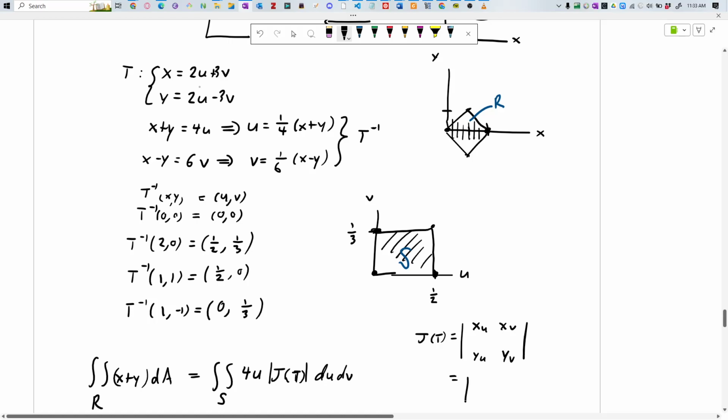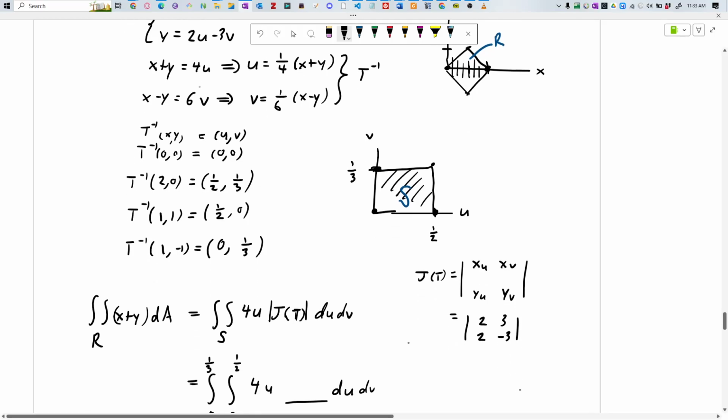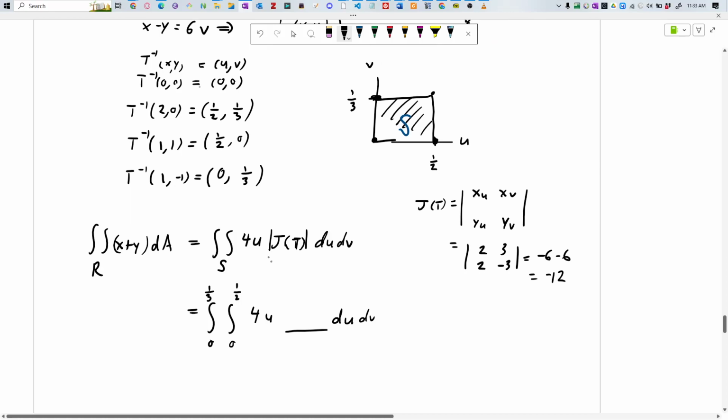Computing that gives us the matrix 2, 3, 2, minus 3. That's going to give you minus 6, minus 6, for a total of minus 12. The Jacobian is in absolute values, so this is going to be times 12 here.